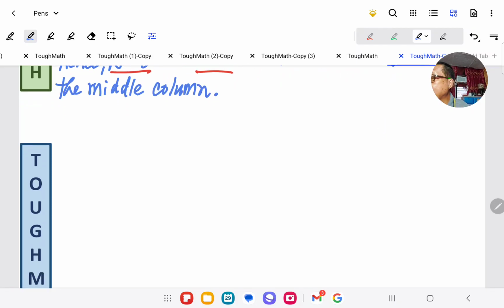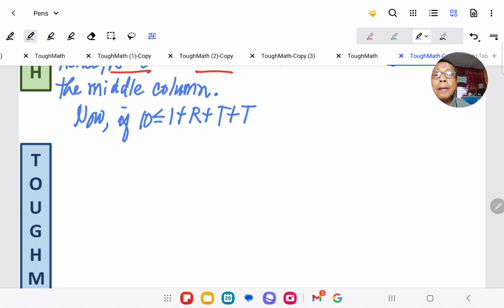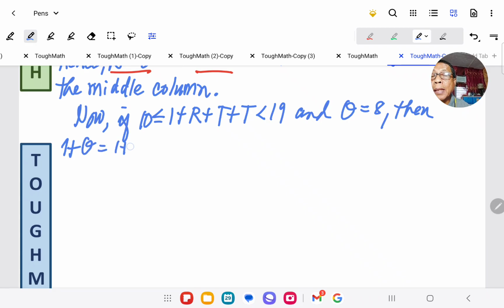Okay, so next, if 1 plus R plus T is between 10 and 19 and O is equal to 8, then 1 plus O equals 1 plus 8 equals 9, and it would mean that S is equal to F, which is a violation of the assumption that distinct letters represent distinct numbers.